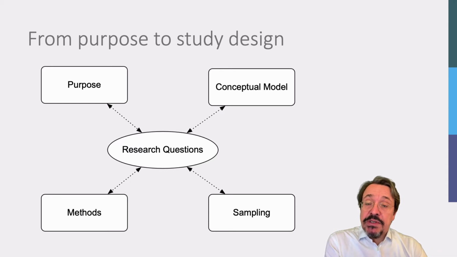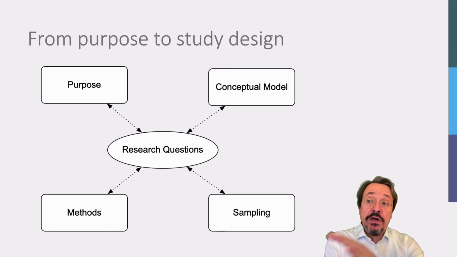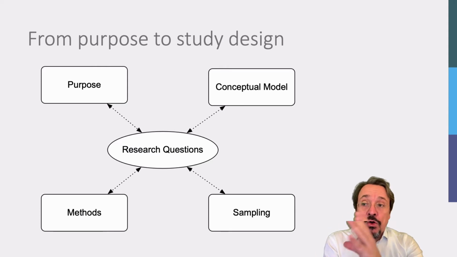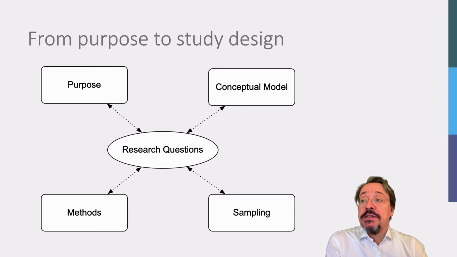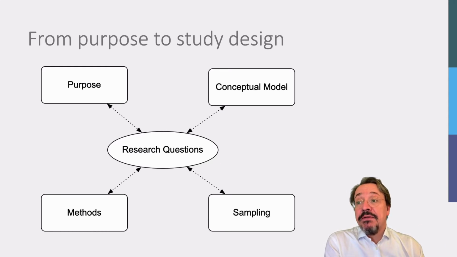So the purpose and the conceptual model, this is a kind of iterative discourse and design process that shapes your research questions. And when you have your research questions clear, of course, you need to take into account sampling procedures. Ethical considerations are all the way behind all these parts you see on this slide. And this then gives you a clear indication for the methods.